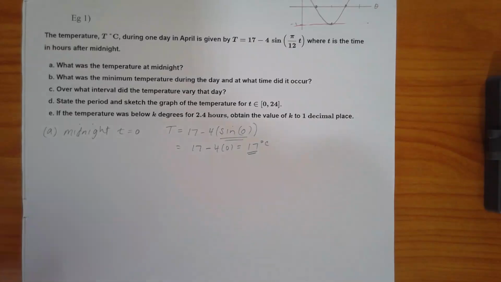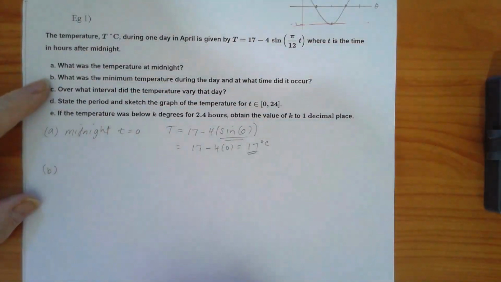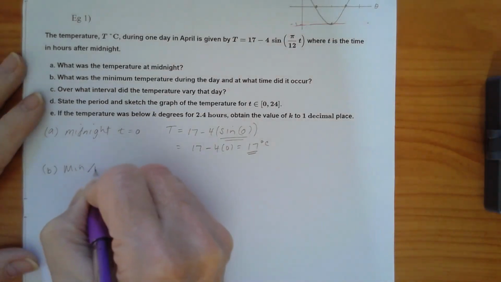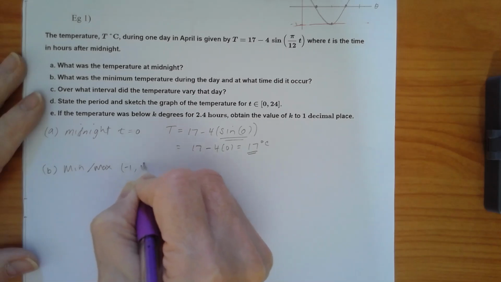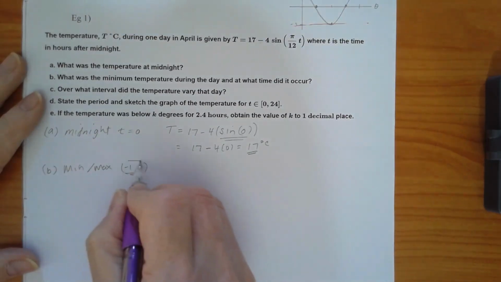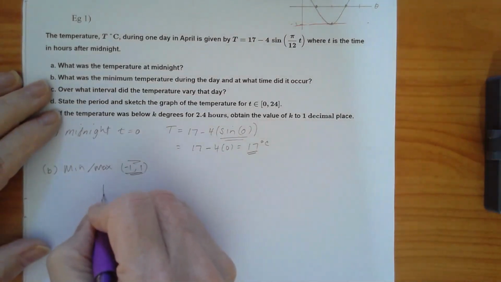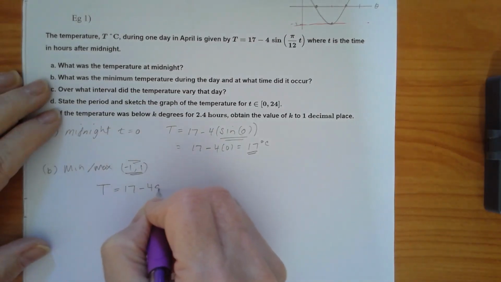Okay. B says, what was the minimum temperature during the day, and what time did it occur? So that's a little bit harder. Okay, my min and max is the -1, +1 idea. Yeah? That's my min and max idea. I don't know how it's going to work exactly, but I'm going to write the equation out and let it help me determine which is the min and the max.